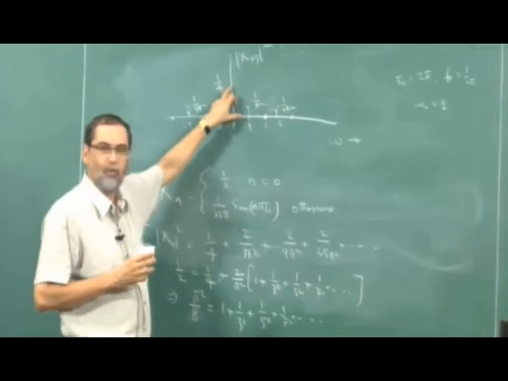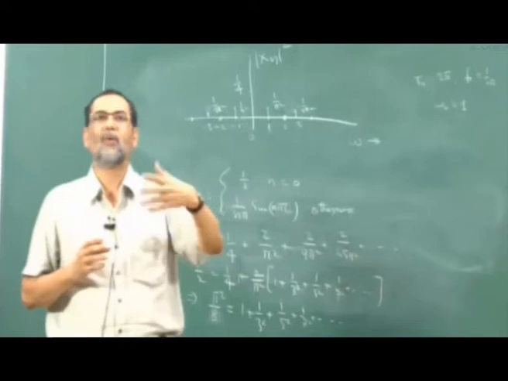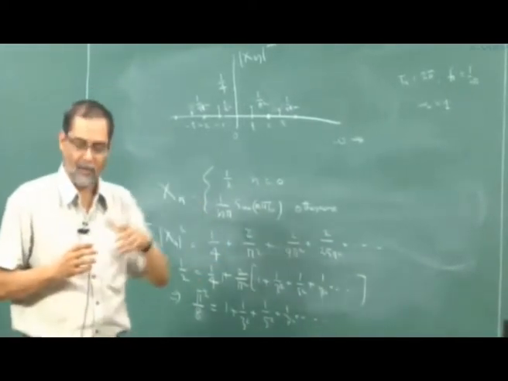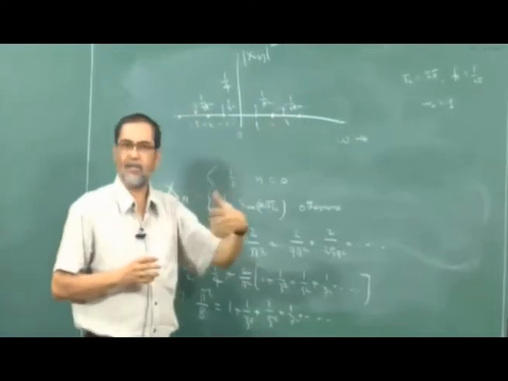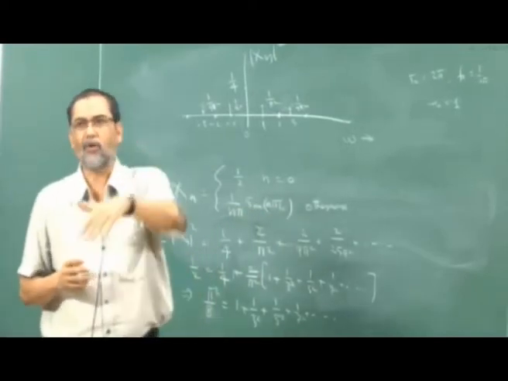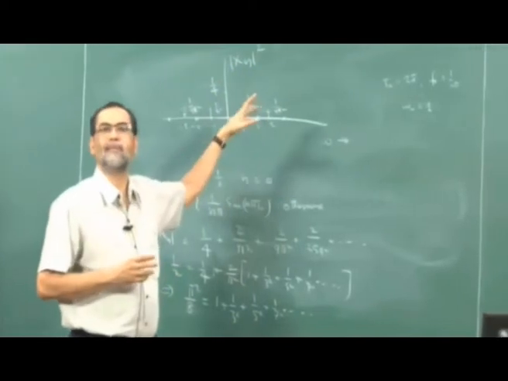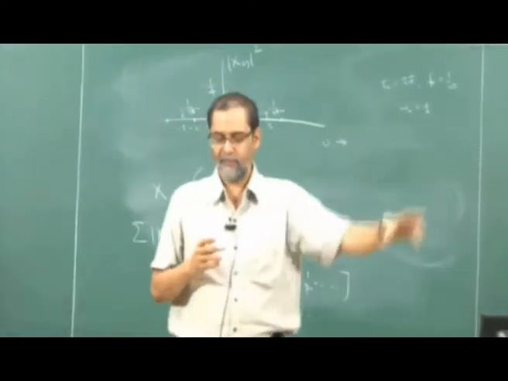So this is 0.25, 0.1, 0.1, already 0.45. Total power is 0.5, so I'm already closing the gap, and all even terms contain 0 power, all odd ones contribute some power, and they contribute less and less as the frequency increases. So this is the power spectrum, which tells me how the power is distributed over various frequencies.